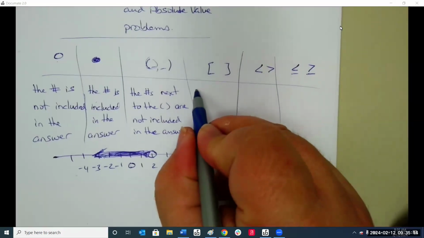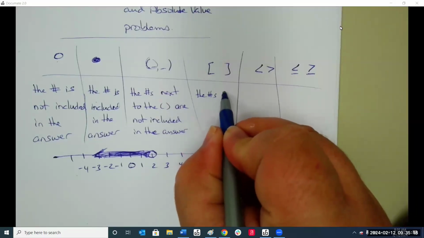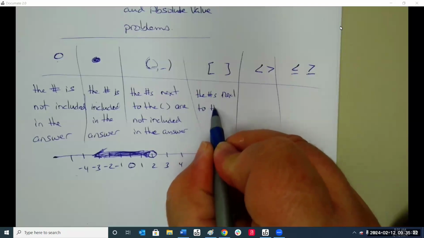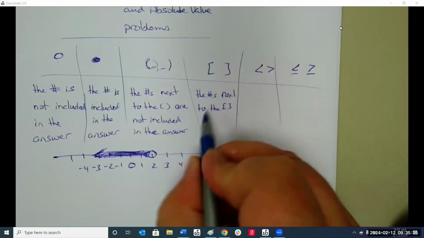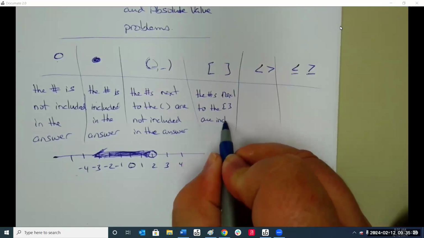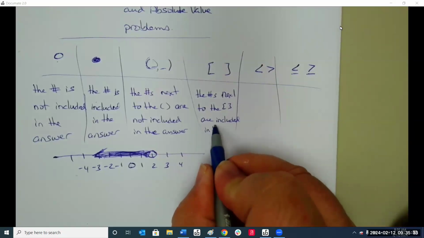Brackets, the numbers next to the brackets are included in the answer.